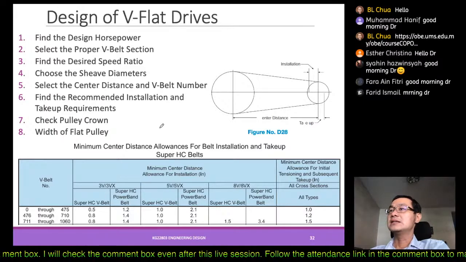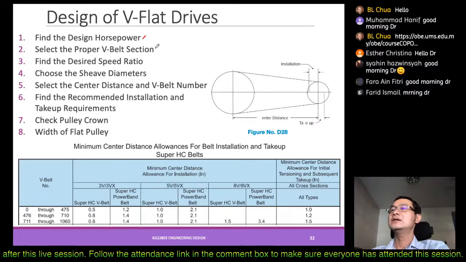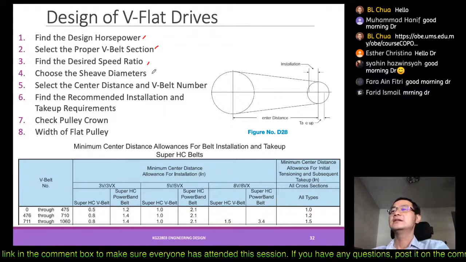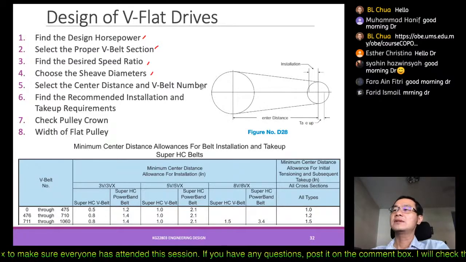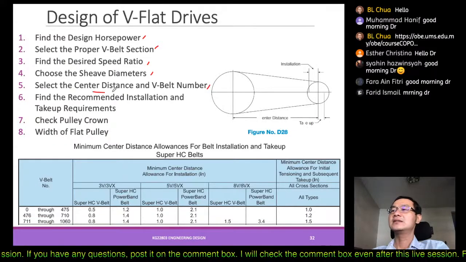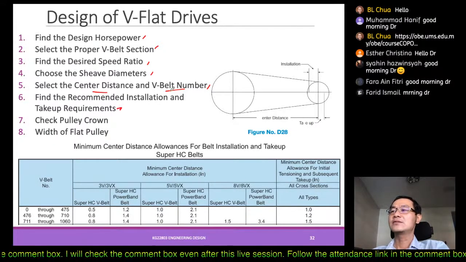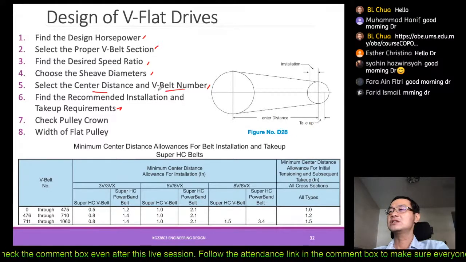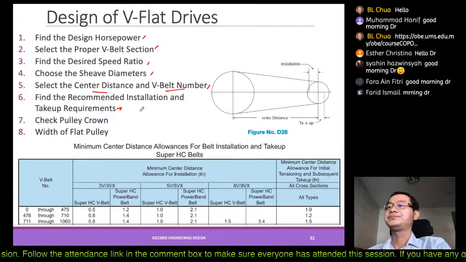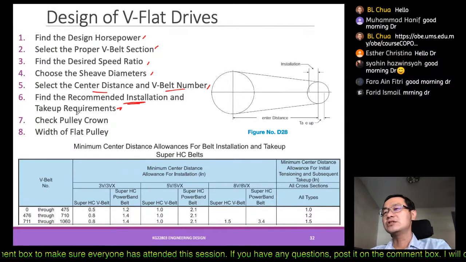This is again the design step for a V belt, right? You find the horsepower, find the cross-sectional type, the speed ratio, choose the diameter from the catalog, then calculate the center distance, then select the V belt number, and then as given by the manufacturers, according to the type of the belt, they will tell you the installation considerations.